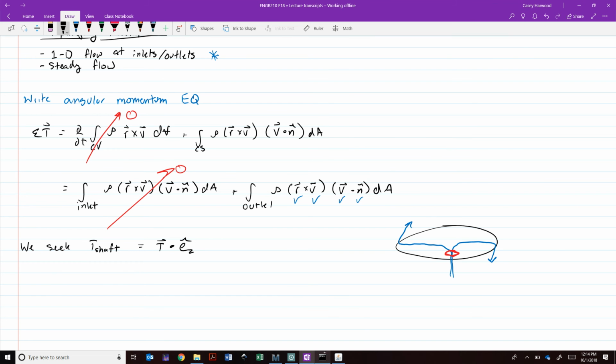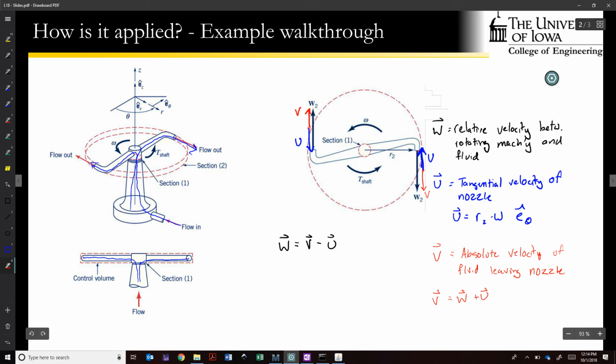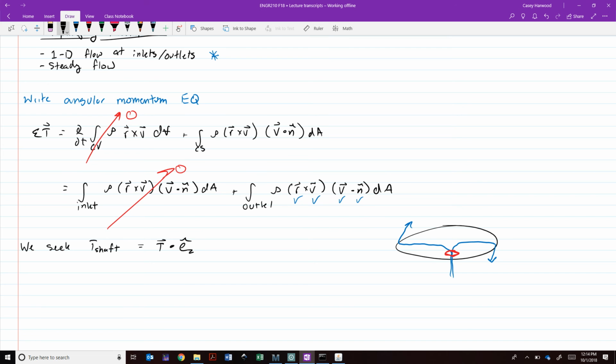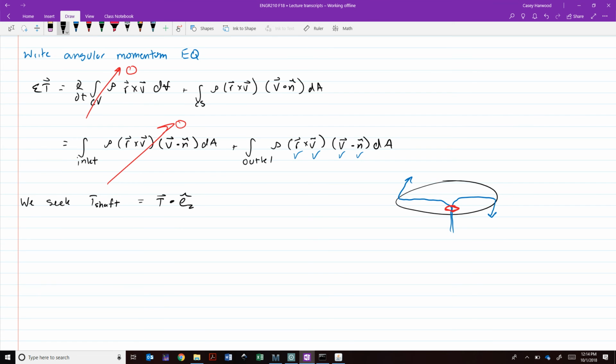Our control surface looks like this strip that has a constant radius of R2. And so for this whole integral, we're going to invoke this 1D assumption, and we're going to assume, because we're working with water, that rho is equal to a constant.